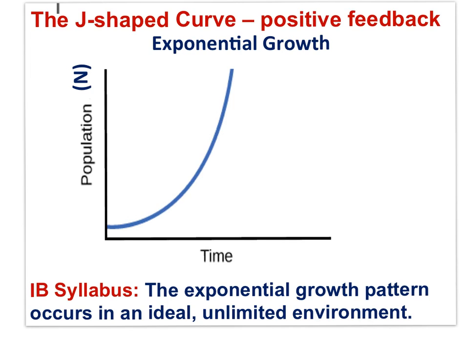Exponential growth results from positive feedback in an ideal environment where resources are unlimited. Positive feedback is when a change in the direction of a system causes further change in the same direction. The J-shaped curve is an indication of positive feedback processes.